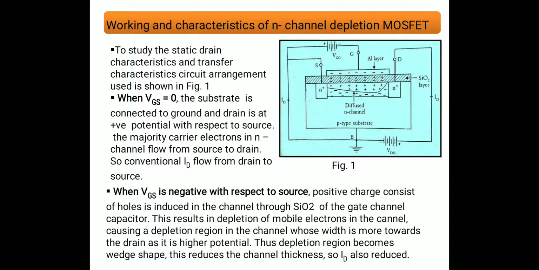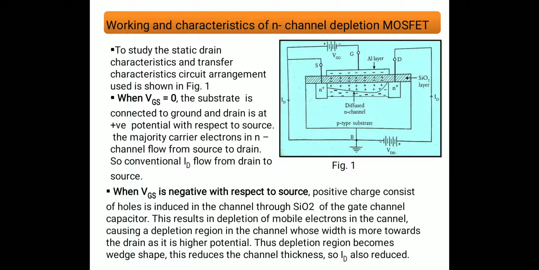When VGS is kept at negative potential with respect to source, meaning negative voltage is applied to the gate, then because of capacitive action, opposite charges, that is positive charges consisting of holes, will be induced below the SiO2 layer in between drain and source. This induction of positive charges results in depletion of mobile electrons in the channel.